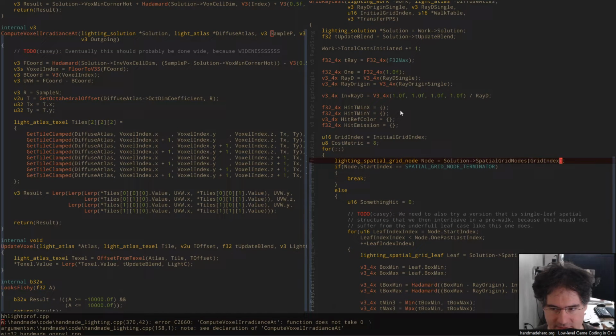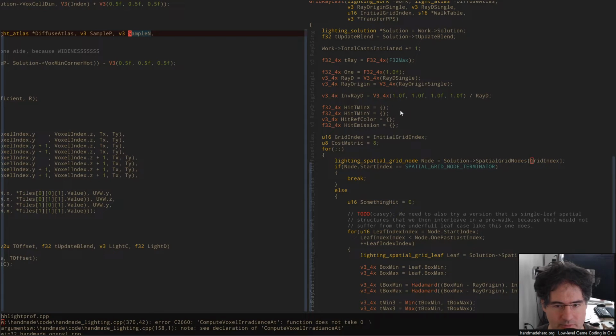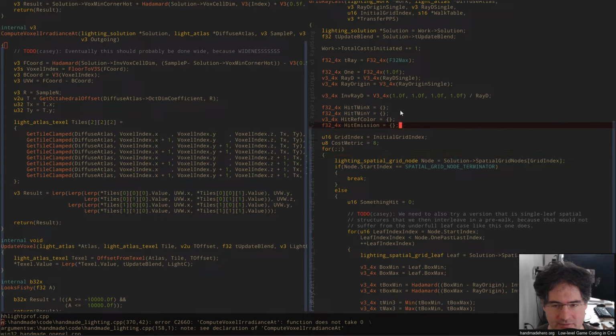This grid index value here is all we really need. And so we don't need to do any of this part. We do need to do the sample normal part, but of course we already know that because it's just the negative of the ray direction. You know what I mean? So that part's pretty straightforward as well.